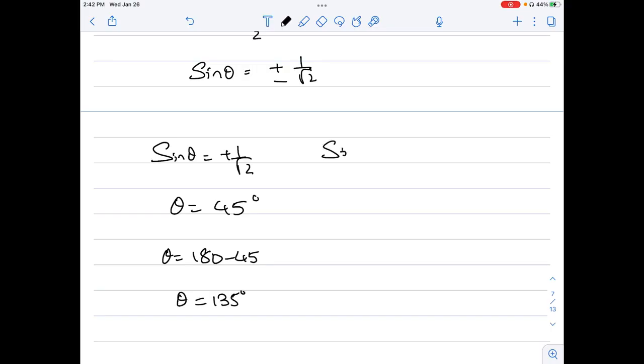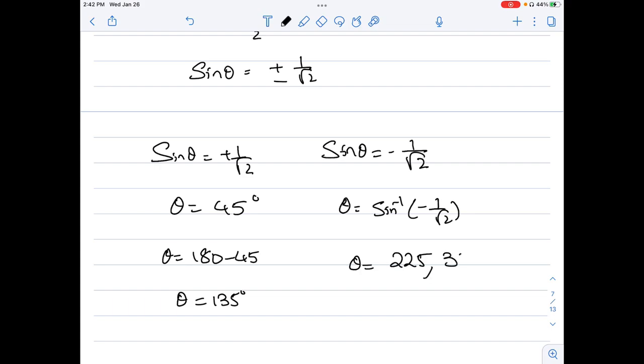Now if it is minus 1 upon root 2, theta is equal to sin inverse minus 1 upon root 2. It is in the third quadrant. So 180 plus 45 is 225, and another angle will be 360 minus 45, which is 315 degrees.